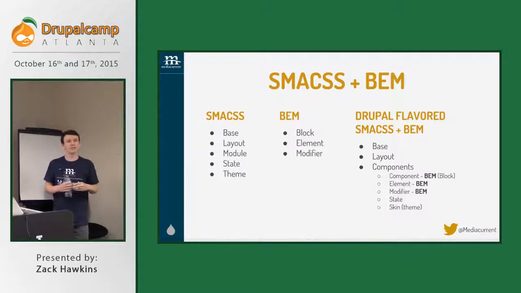And then components, that's where the BEM comes in. So a component is made up of a block, the BEM block, the element, and the modifier. And we'll look at examples of those. State and skin theme. State is more usually like JavaScript related.